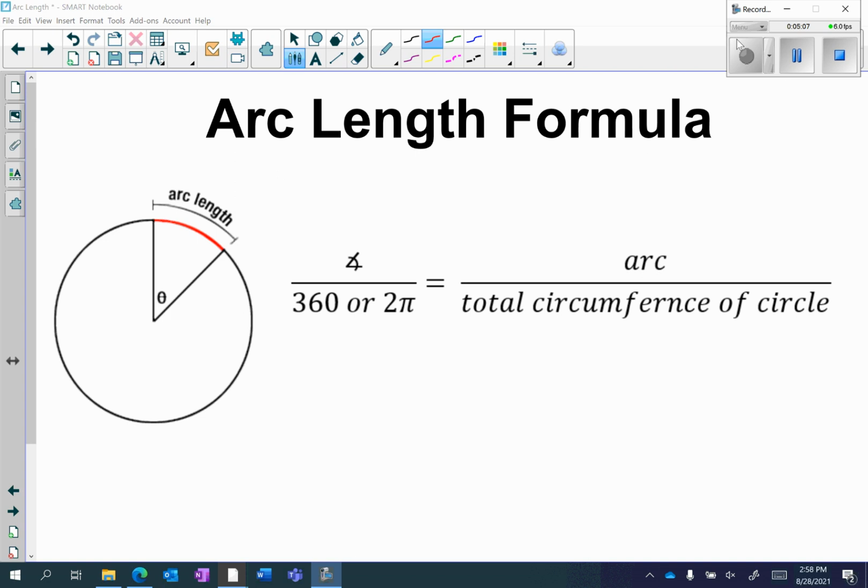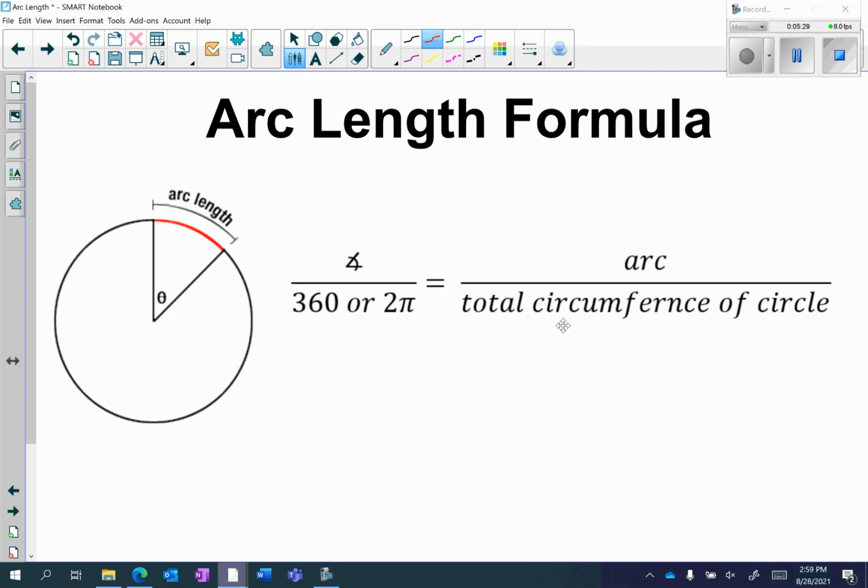Let's take a look at the formula for arc length. So in order to find arc length, it's going to look very similar to the area of a sector formula with one slight difference. It's angle over 360, which is in degrees, or 2 pi, which is in radians, is equal to the arc over the total circumference of a circle.